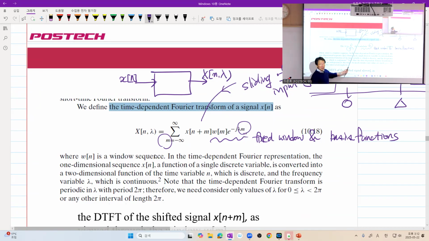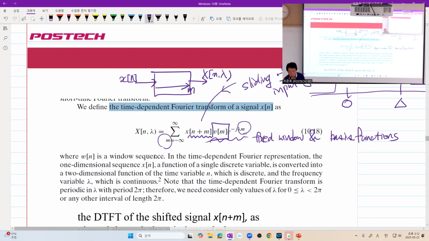So again, we still have the time parameter. Then what happens inside here? What we do is that, of course, we practically delay the window, but theoretically, we advance the signal in the m-axis.